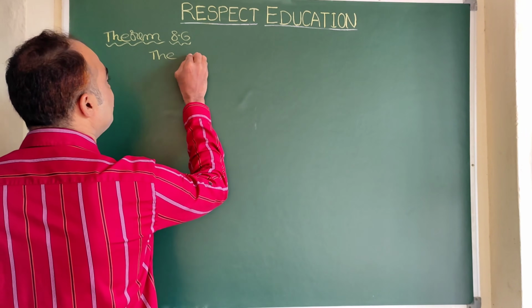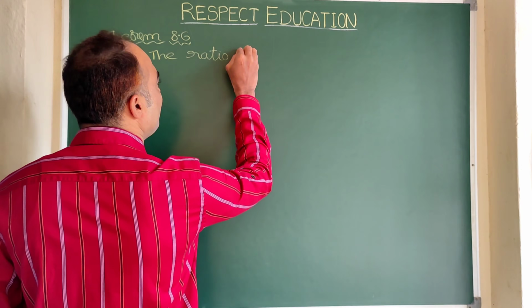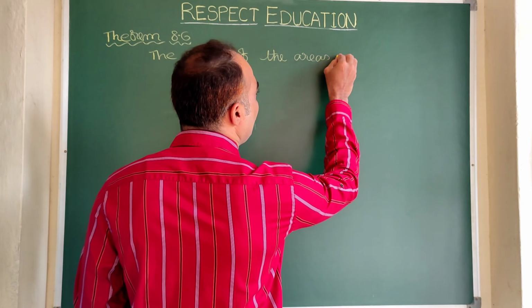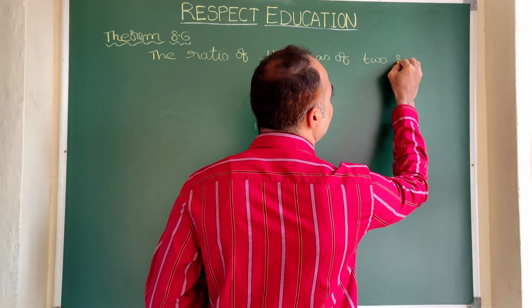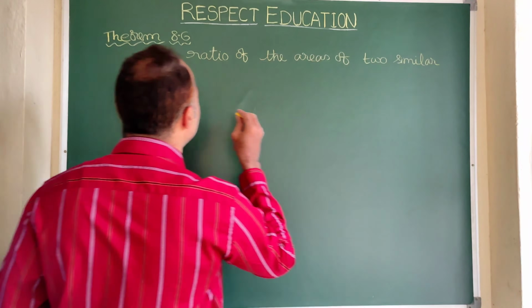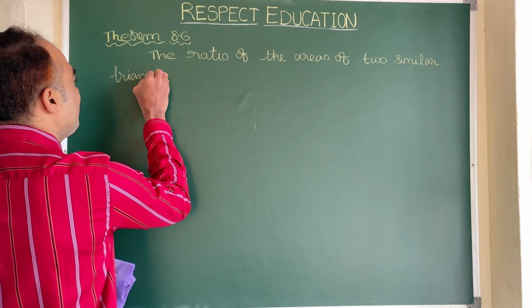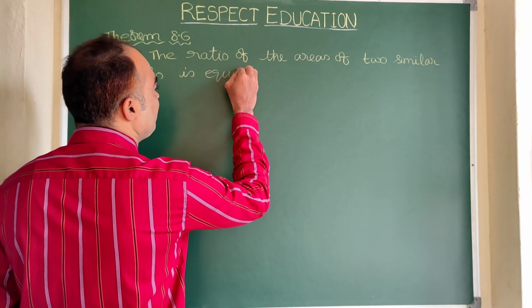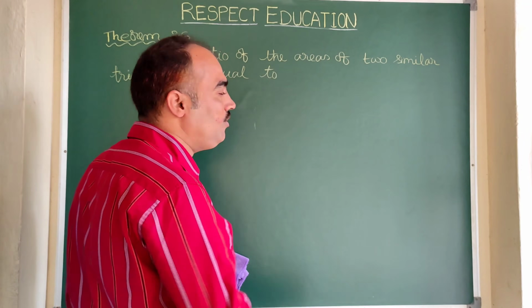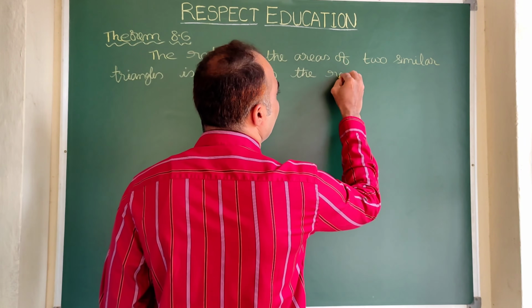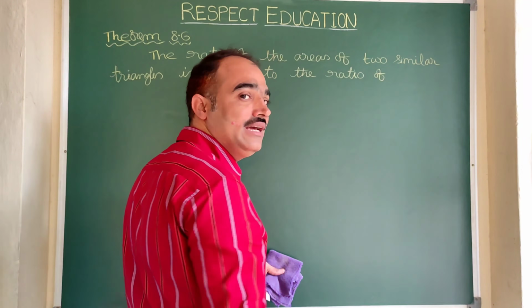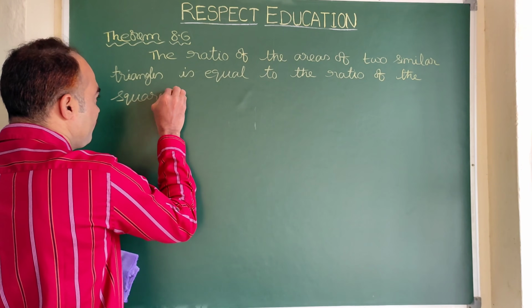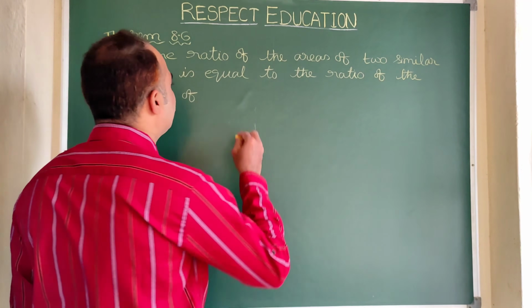The ratio of the areas of two similar triangles is equal to the ratio of the squares of their corresponding sides.